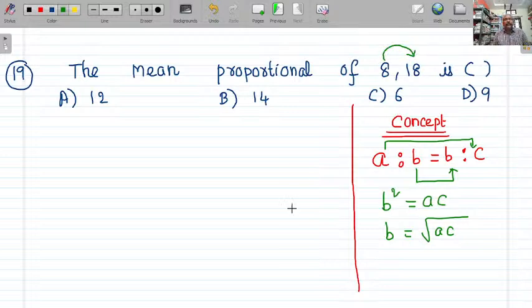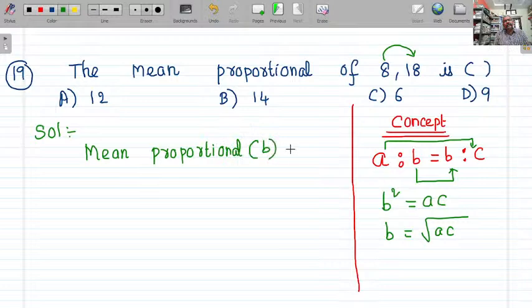So the mean proportional, that is B, is equal to square root of AC. Here A equals 8, whereas C equals 18.